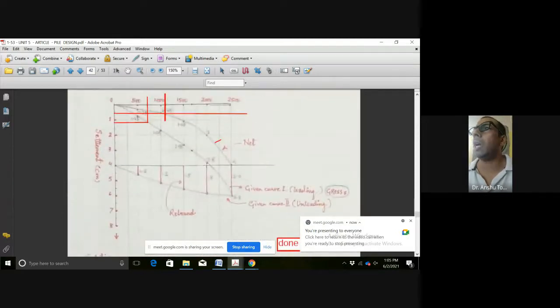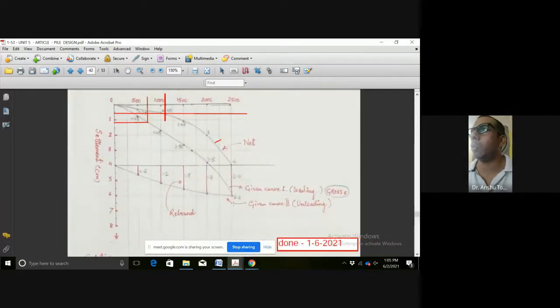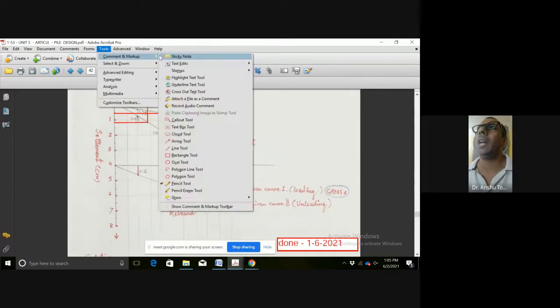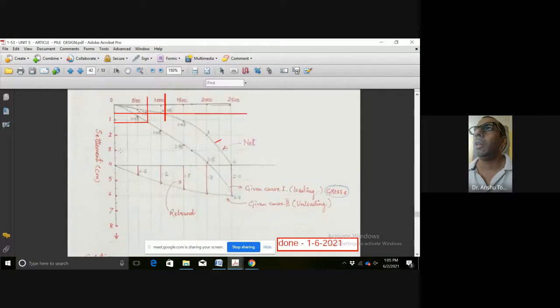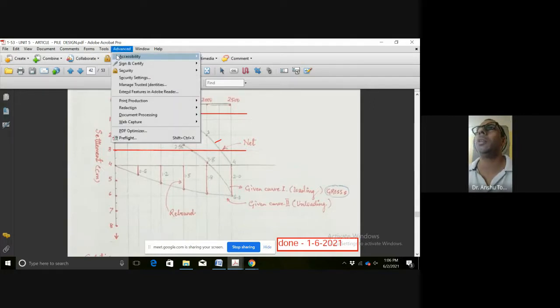So this is the gross settlement curve, and this is the 3 centimeter. I will take a straight line from here. If you are doing it in an exam, you are going to use a scale. So I will be drawing this straight line, and I am getting onto the gross settlement curve. This is the point.